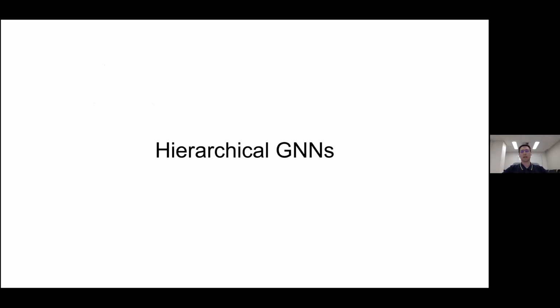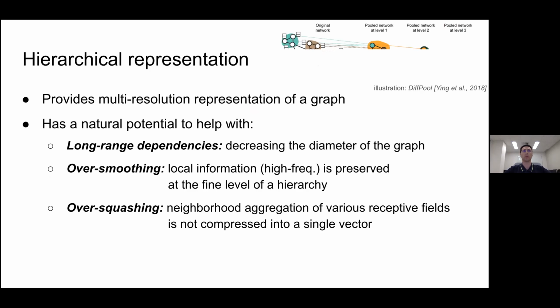So let's get into hierarchical graph neural networks and how they could provide some solutions to these problems.